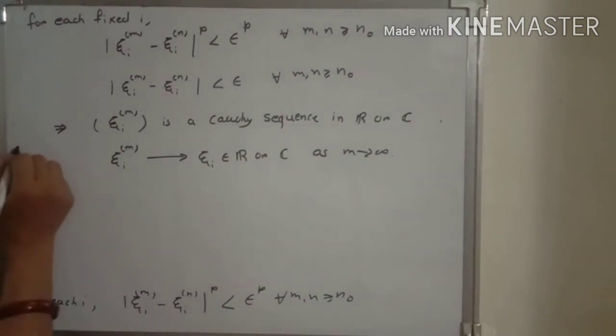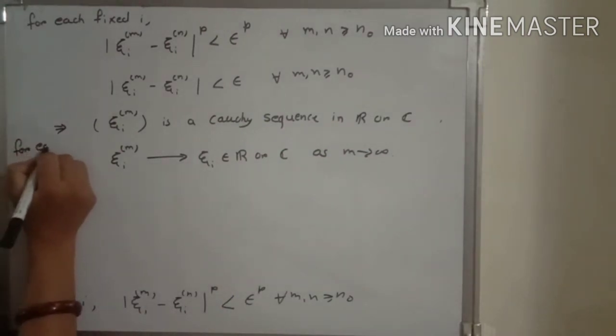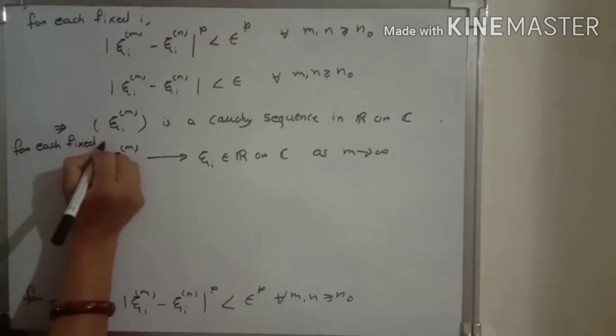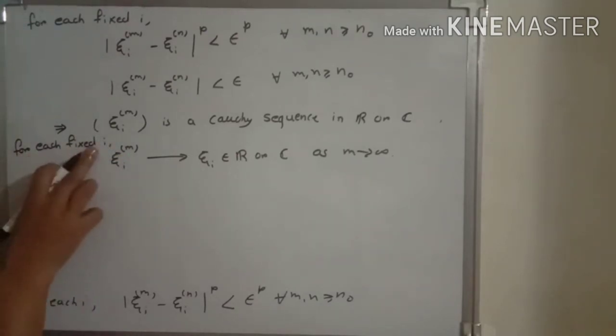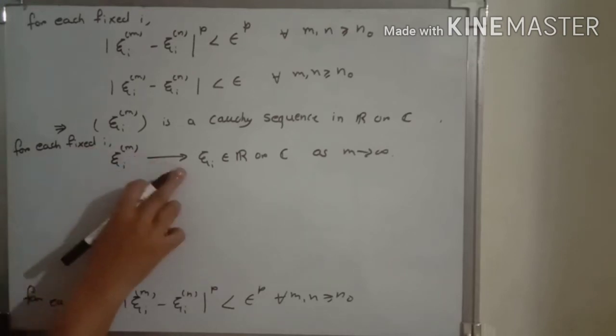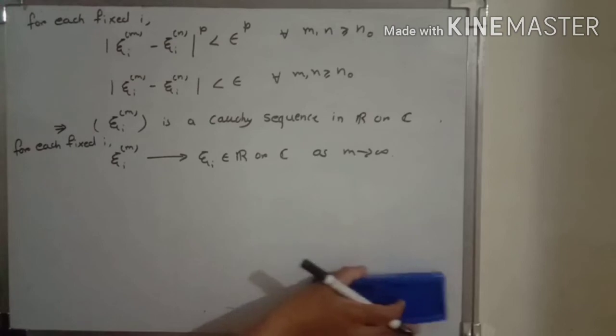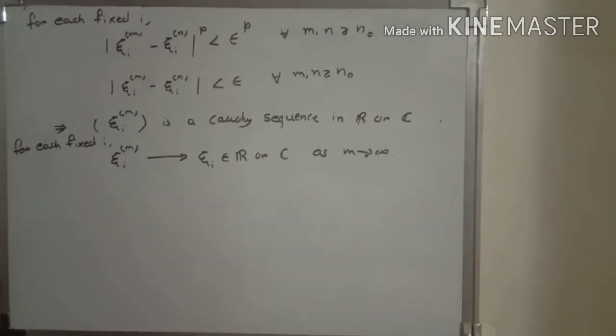It is true for each fixed i. That means for each fixed i, xi im converges to xi i, where xi i belongs to R or C, as m goes to infinity.